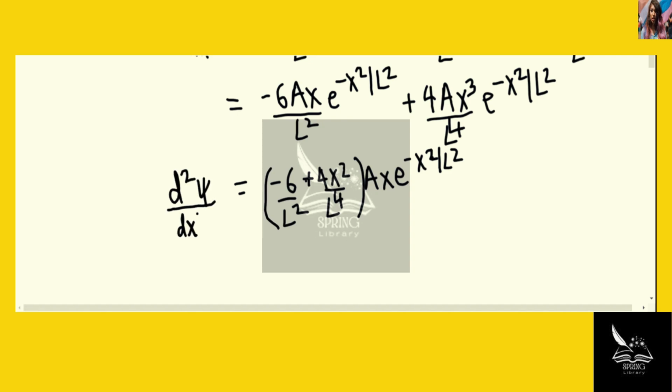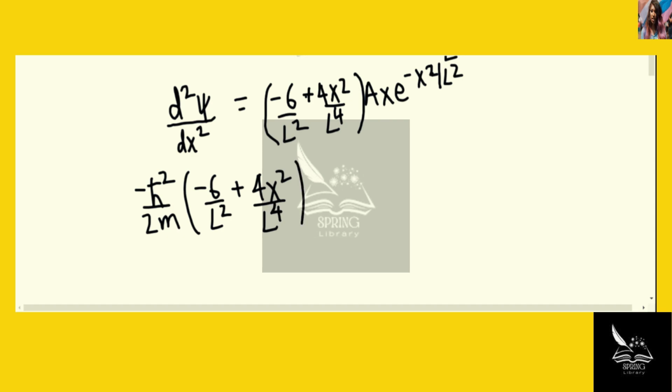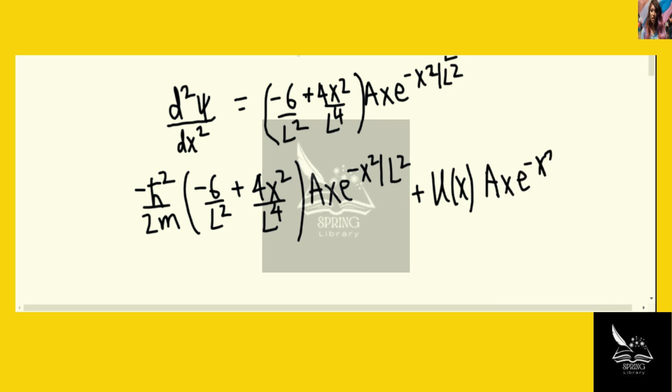So now we can substitute this into the Schrodinger equation, and we have negative h bar squared over 2m, and I'm just going to directly substitute, and we have negative 6 over L squared plus 4x squared over L to the fourth times ax e to the minus x squared over L squared plus u of x times ax e to the minus x squared over L squared.